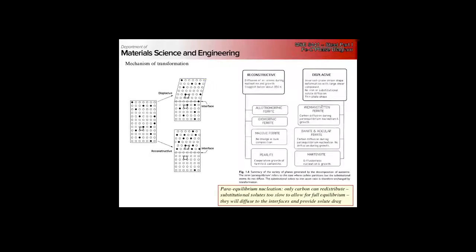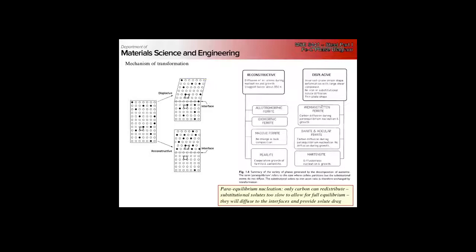And a key concept that's going to keep coming up is this idea of para-equilibrium nucleation, right? Carbon diffuses much faster than any substitutional atom, right? Because it's interstitial, right? Substitutional diffusion requires a high concentration of vacancies, and the interstitial does not.